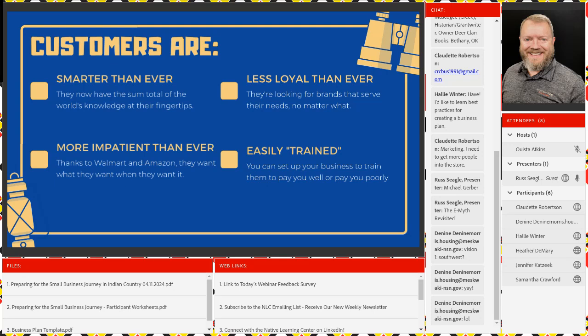But thanks to Walmart and Amazon, with 24-hour stores and a buy now button that Amazon introduced that said, "Hey, I want this now, send it to me," now I can get it overnight, and in some cities I can get it within an hour. Oh my goodness, we have become a very impatient society. Our customers want what they want when they want it.